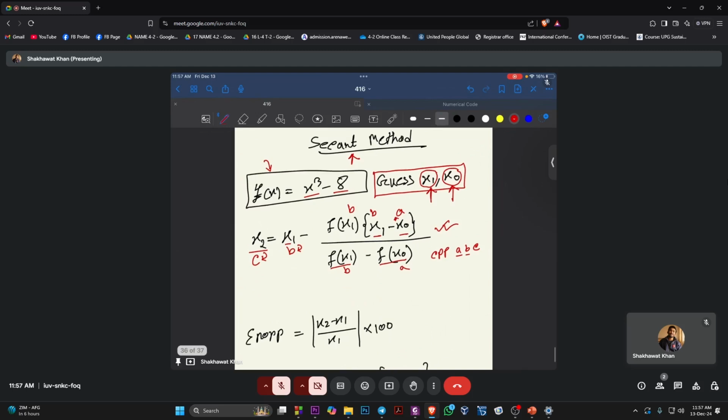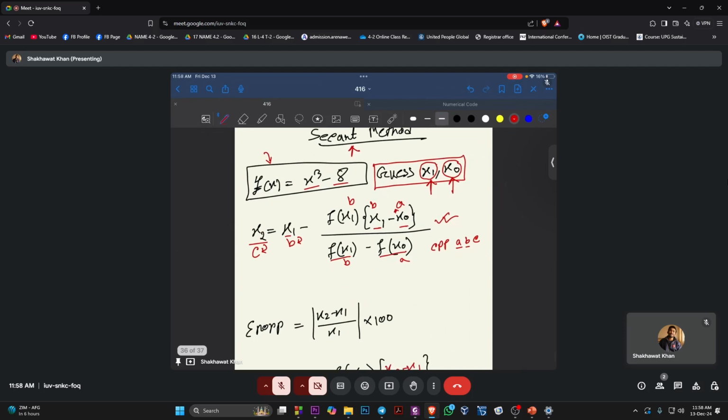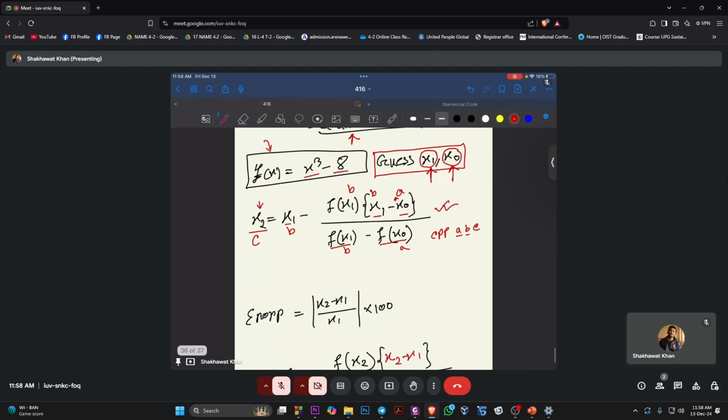So how does this second method exactly work? Whenever you get this x2 value, we evaluate the error value. Our error is x2 minus x1 divided by x1, into 100.